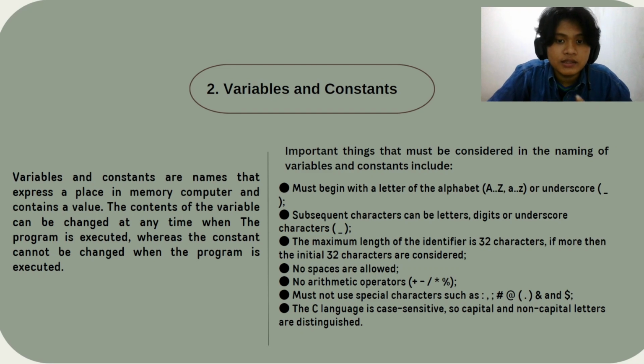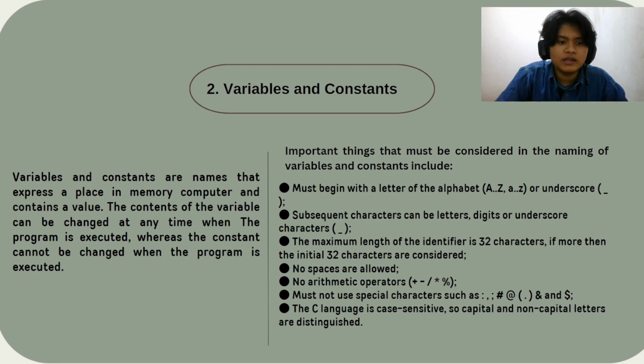And then for the third one, the maximum length of the identifier is 32 characters. If it is more than that, only the initial 32 characters are considered. What does it mean? I will give you an example. If I want to name a variable book, it consists of 4 characters. Those 4 characters are still within the range of 32, so everything will be considered.